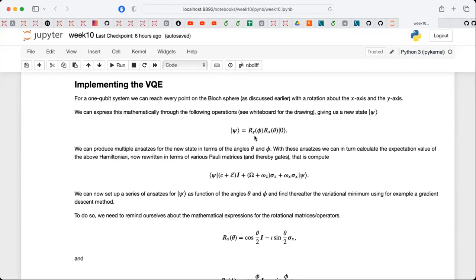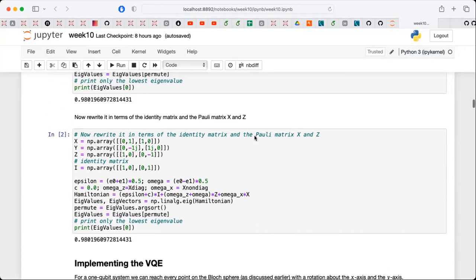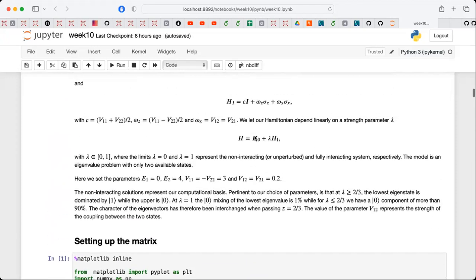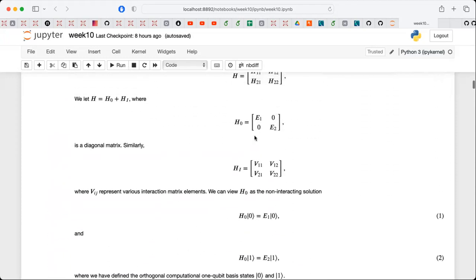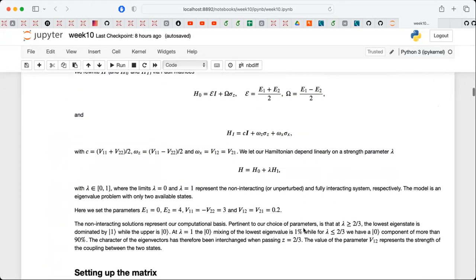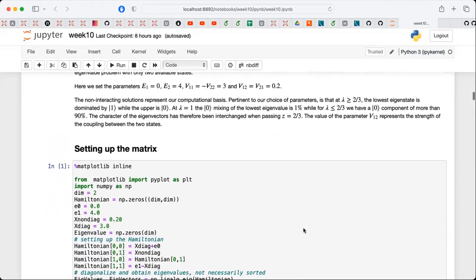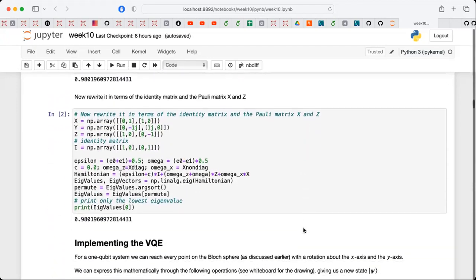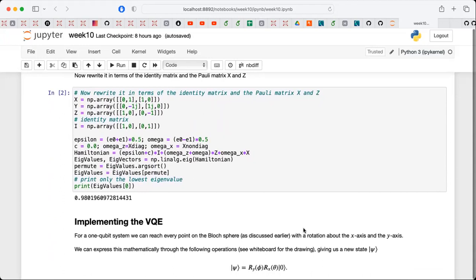And we are going to diagonalize this 2-by-2 problem using a 1-qubit basis. And in this specific case, we can actually use the computational basis 0, qubit 0, and the computational basis 1, which now represents qubit 1. And with these two states as a computational basis, we can then set up the Hamiltonian matrix and diagonalize exactly.